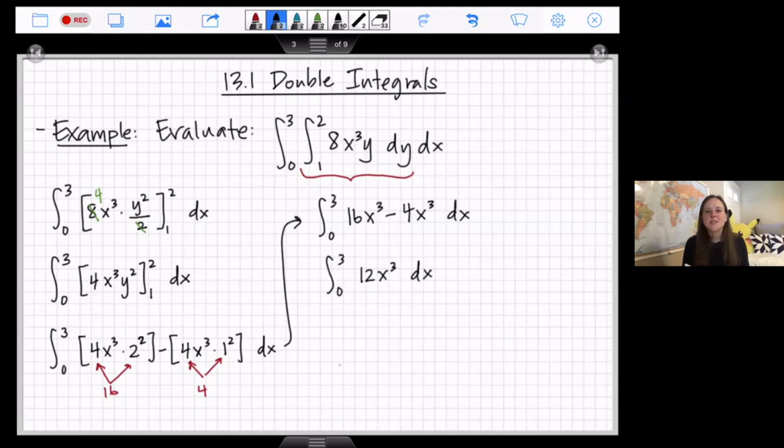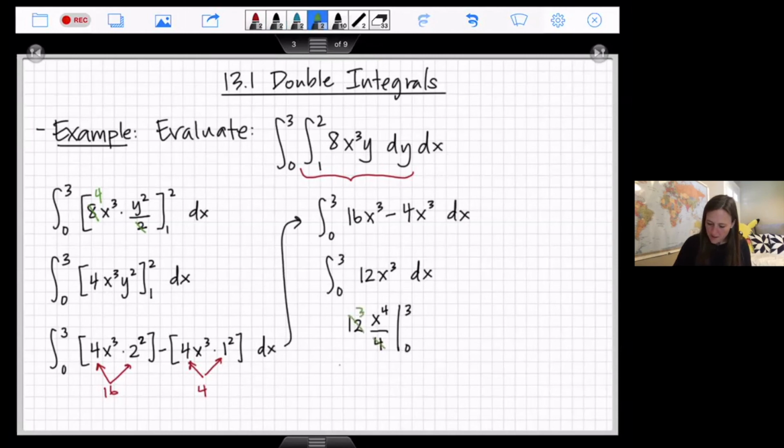When you've plugged in y in the end, you're just going to have the x's left to evaluate. This is an integral that we could do back in Calc 1, right? So we're going to let the 12 go along for the ride, x to the 4th divided by 4, which will plug in 0 to 3, simplify a little bit.